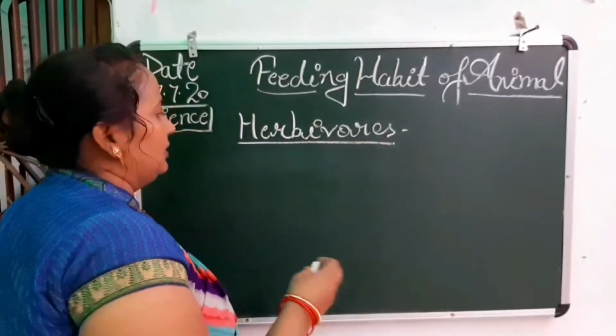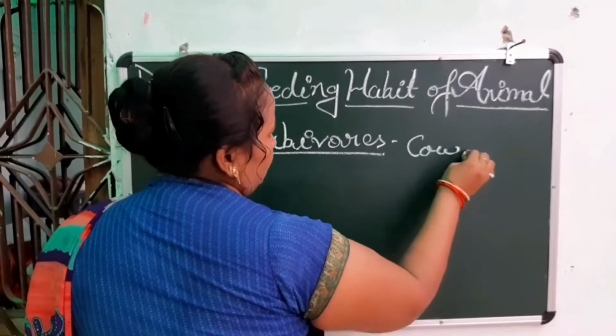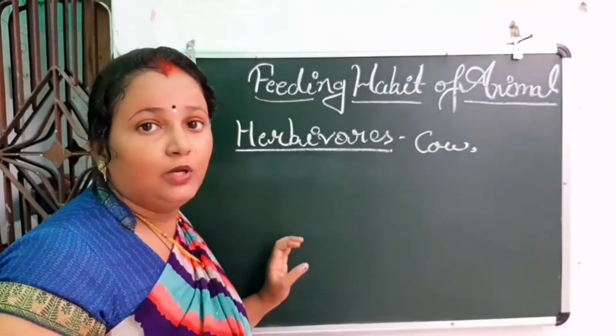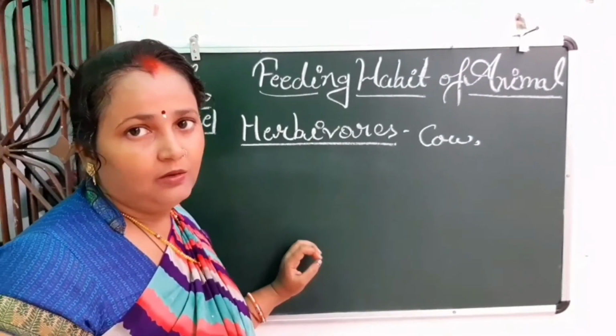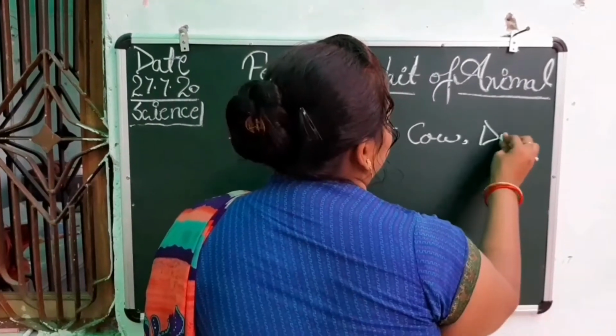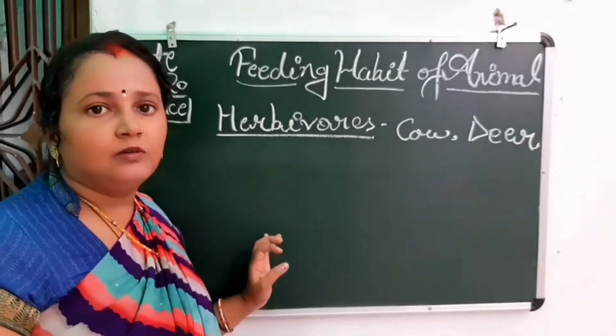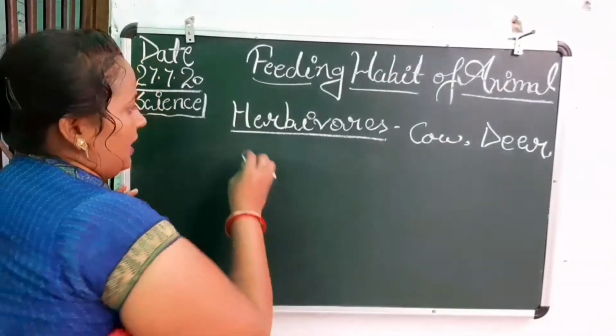So what are the animals? Cow. Yes, do you know any other animal that eats plants? Yes, tell me. Very good. Yes, deer. One more. Yes, giraffe.